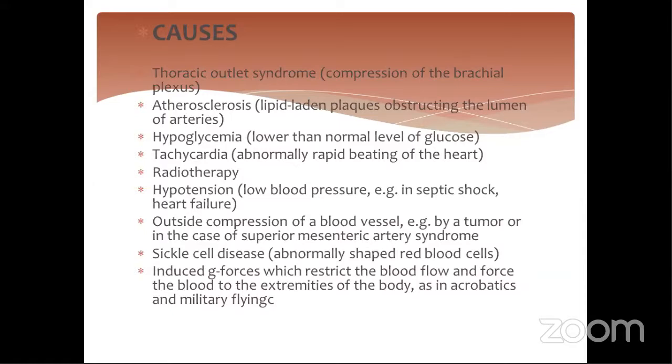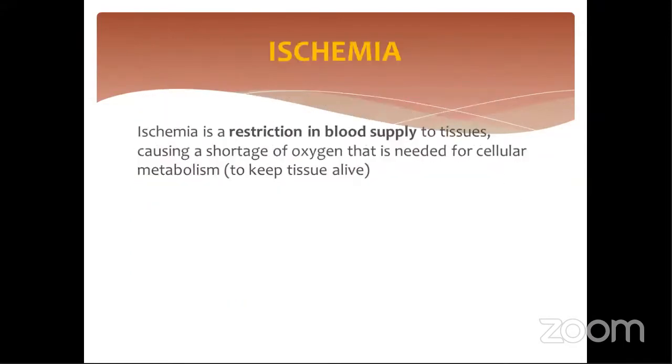So if there is thrombus formation after hemorrhage, and that thrombus gets converted into emboli that circulate freely in the circulatory system, and it gets stuck somewhere in a narrow space, or in a capillary, it will not allow blood to flow through that capillary to the distal part, and it restricts the blood supply.